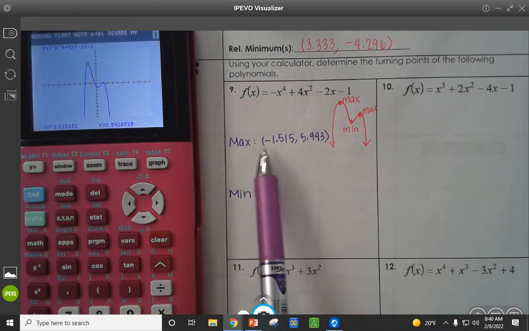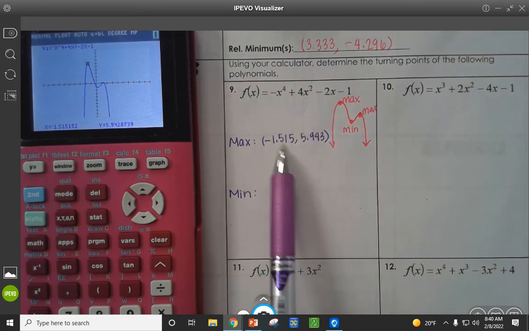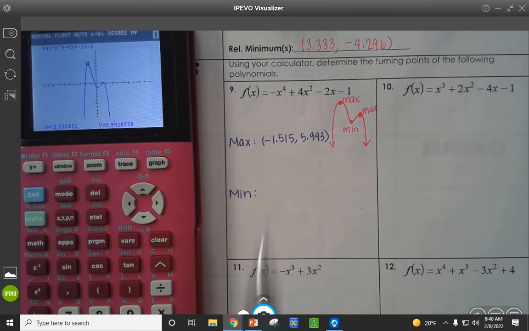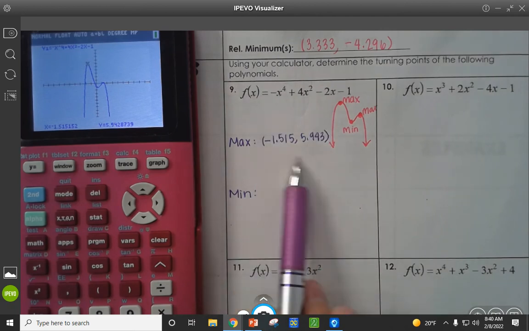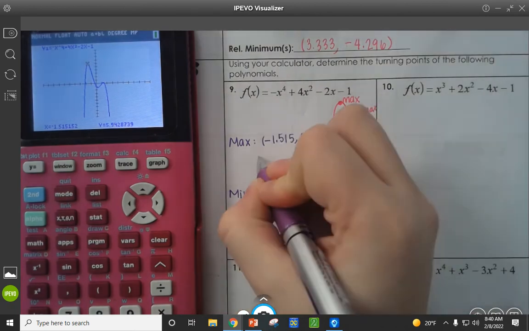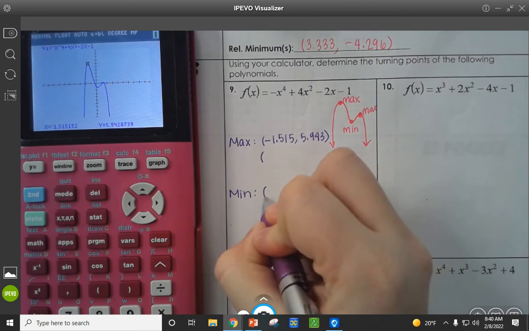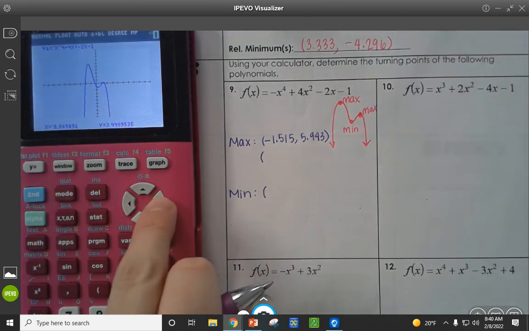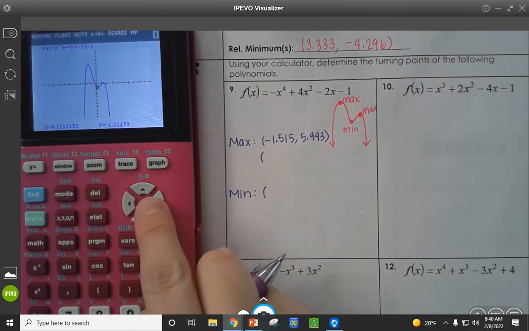So for the first max, I get on my calculator negative 1.515 and 5.943. And then as I keep going, I get to a minimum.